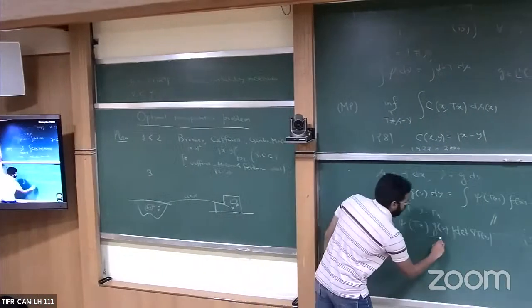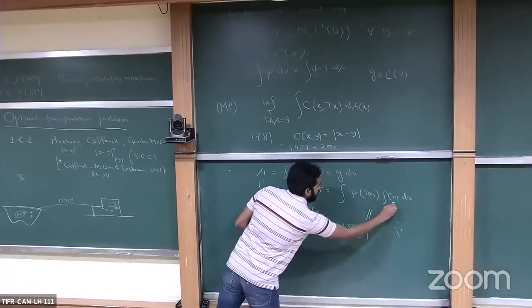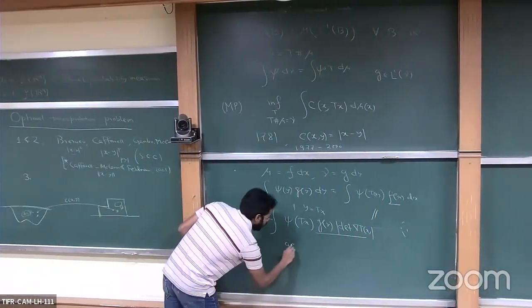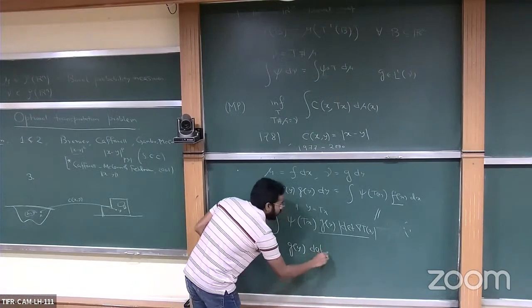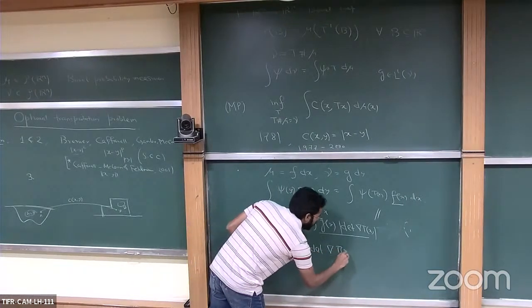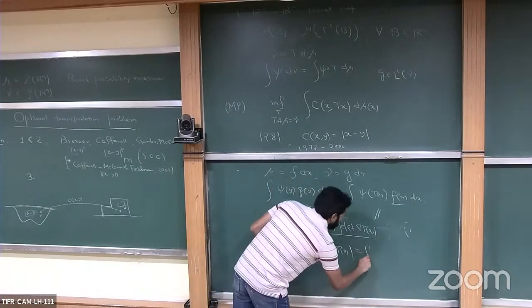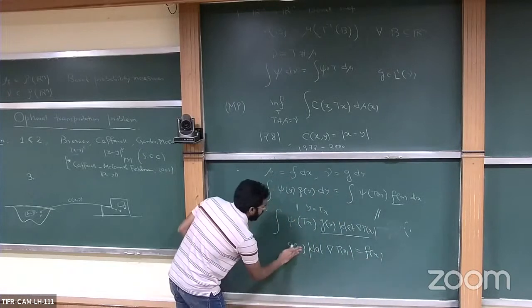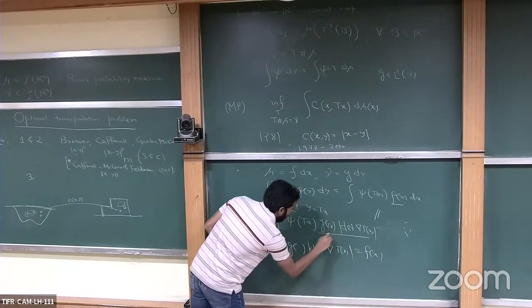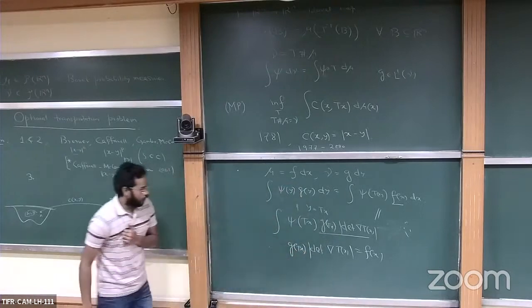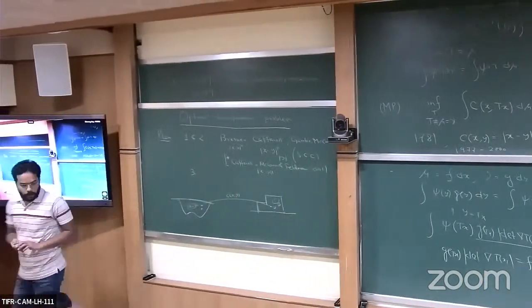So this quantity will be equal to this one. Therefore g(T(x)) times the Jacobian determinant of DT equals f(x). So this is the equation. This is the constraint used.